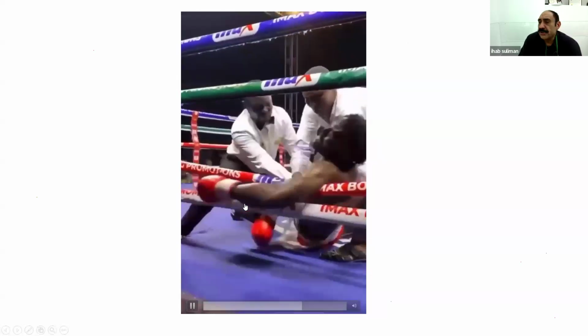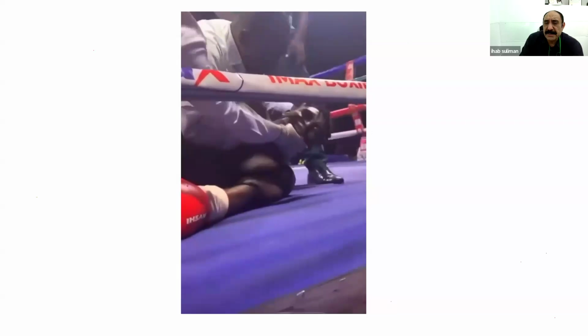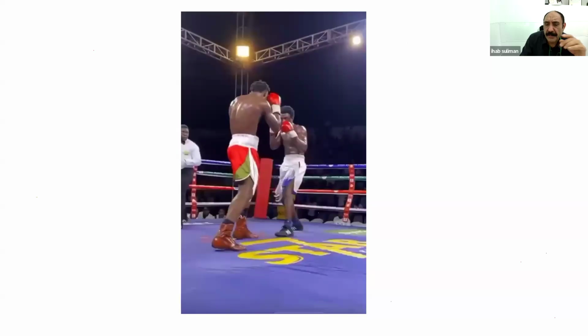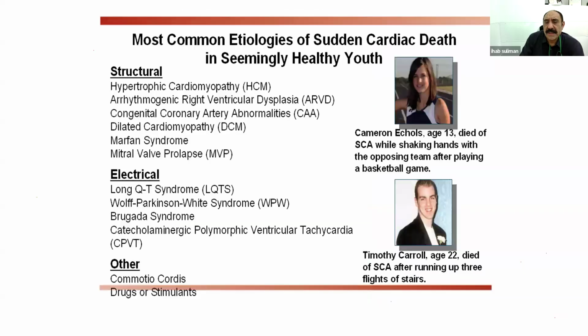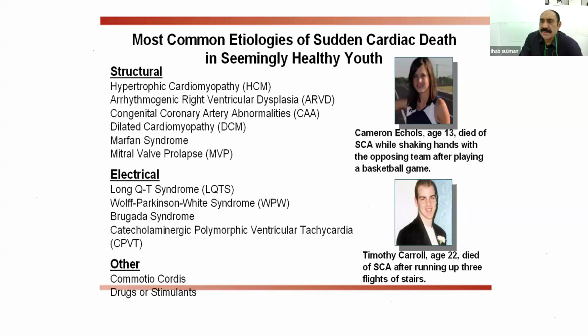So I am sorry to show you such sensitive material, but this patient died after he collapsed from a boxing match. And remember, these are the causes of sudden cardiac death in apparently young, healthy people. Like this boxer, he appeared muscular and fit.